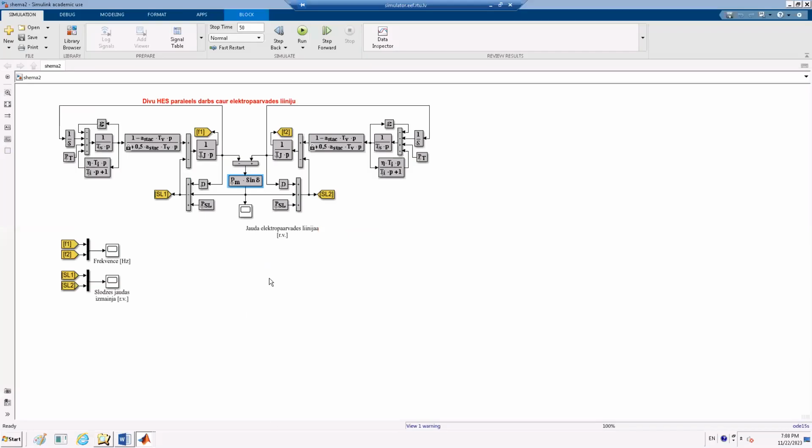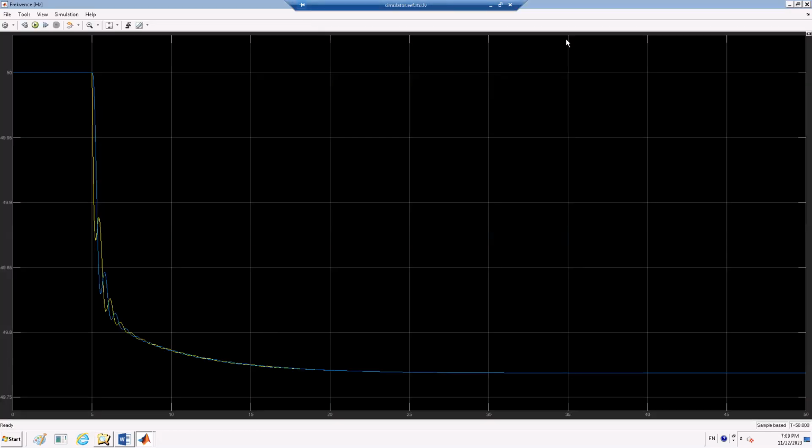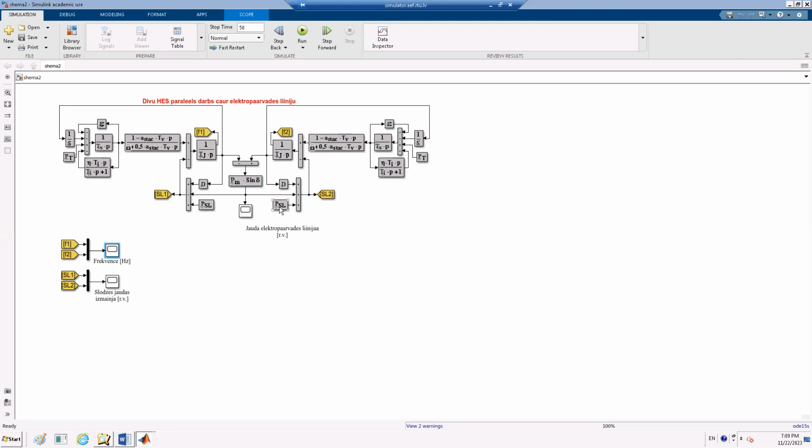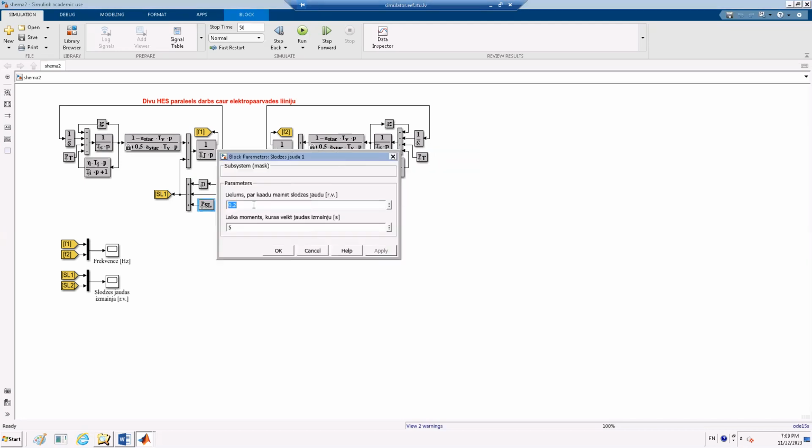Okay, so in this case, this is the transmission line and these are two generators. Here we could see what is going on when we have a transmission line, because a transmission line could be overloaded as well. For example, let's run. Here this block represents the difference in power. Here we have the difference 0, and here we have a deficit of 20%.